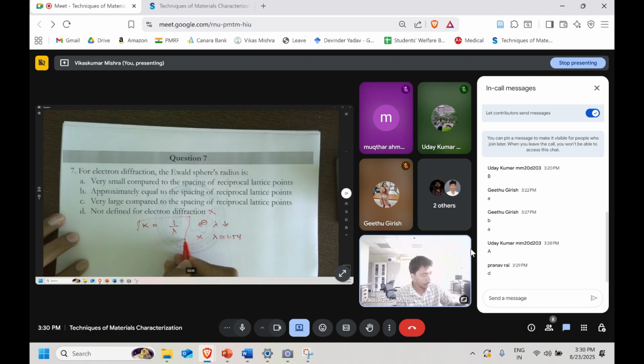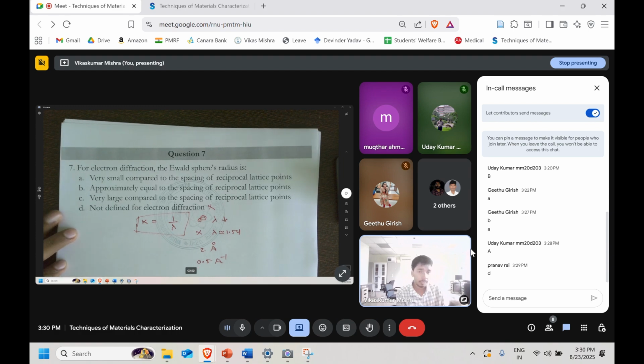So what we can say, if we go to the reciprocal space, where in real space the dimension was like 2 angstrom, in reciprocal space the dimension will be 0.5 angstrom inverse. While if we talk about the radius of the Ewald sphere, it will be more or less like 200 to 250 angstrom inverse, which is very large compared to the lattice spacing.